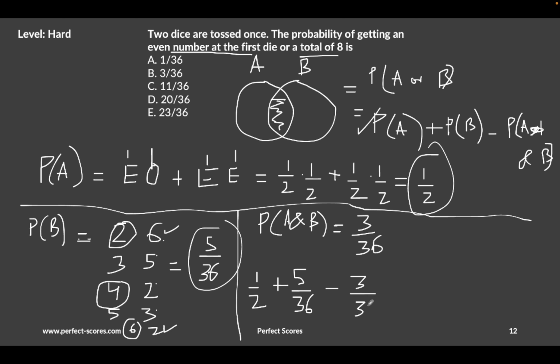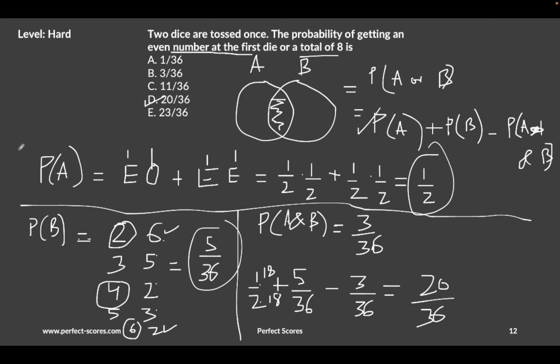So if you solve this up, 5 minus 3 is 2, that's 2/36, and then you can make this 36 by multiplying by 18 on top and denominator. So 18 plus 2, that's actually 20/36. So that is your answer here, 20/36.